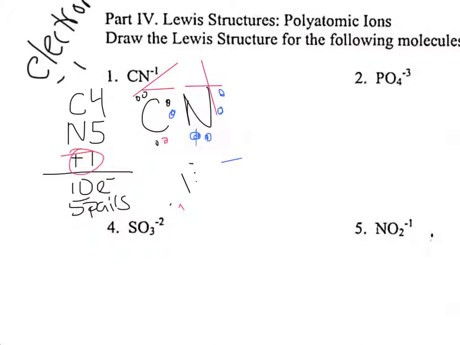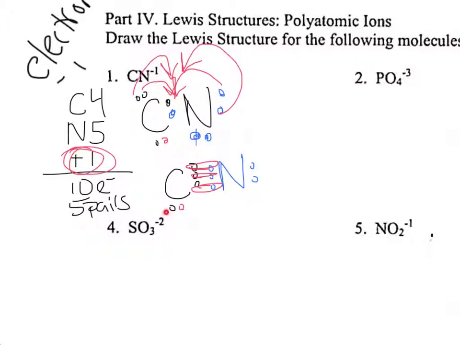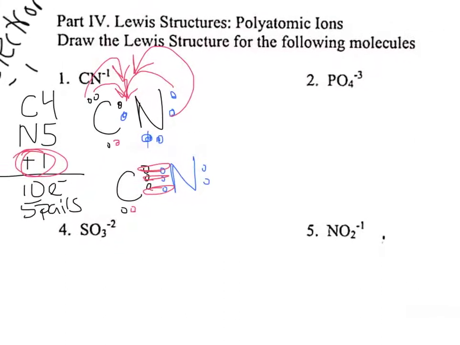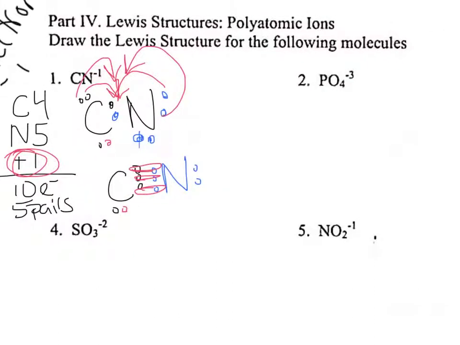And over here we have nitrogen sharing 1, 2, 3, and then having its lone pair. So we're going to have a triple bond between carbon and nitrogen. Lone pair, and when we count them up, we have 2, 4, 6, 8 surrounding nitrogen, and 2, 4, 6, 8 surrounding carbon.